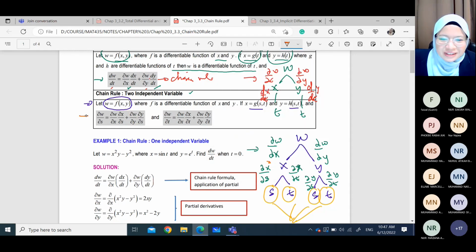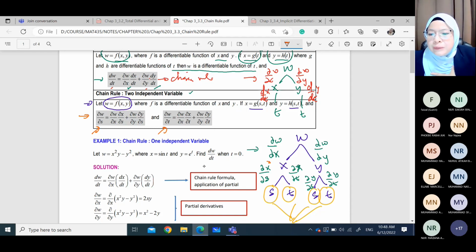Okay, so based on this tree diagram, we can formulate the formula for the chain rule, for the derivative with respect to S on W and the derivative with respect to T on W. All notation uses del because all the functions involve more than one variable.